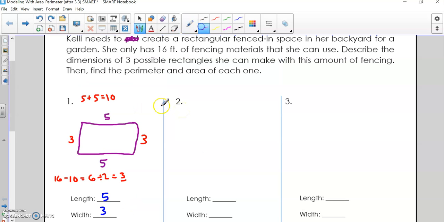Okay, let's do another one. Like I said, there are many, many options. So we can go ahead and choose mostly a random number, right? Let's say we wanted one side to be 6. If we had one side as 6, we are like, okay, that uses up 12.